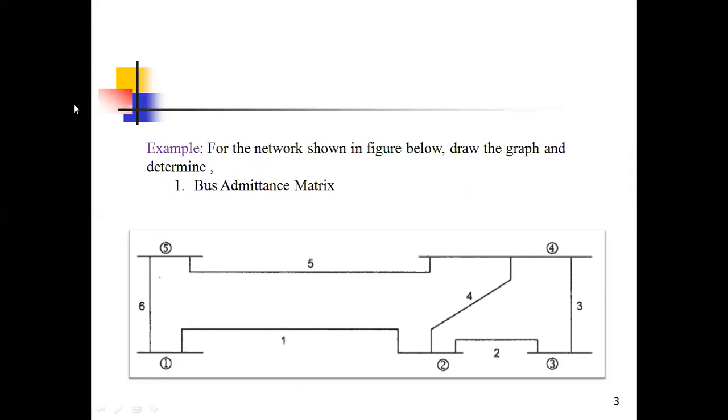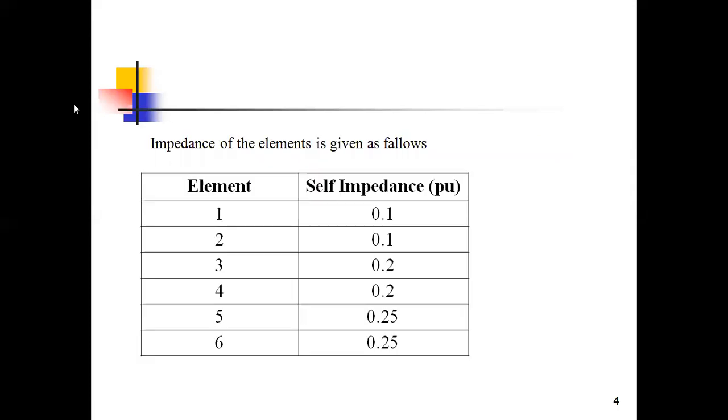First we will draw the oriented graph of this network, and from that we will calculate the A and A augmented matrices. The impedances of the elements are given for the calculation of the primitive impedance and primitive admittance matrices, that is Z and Y matrix.